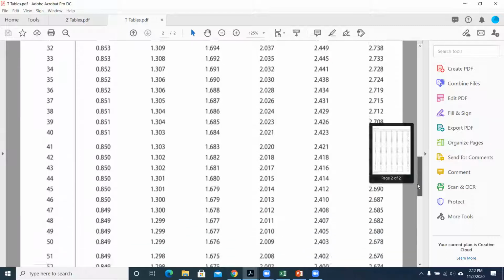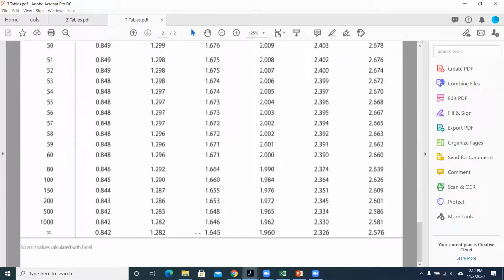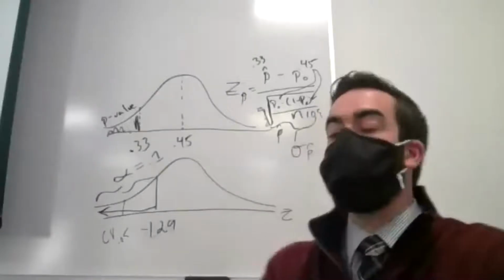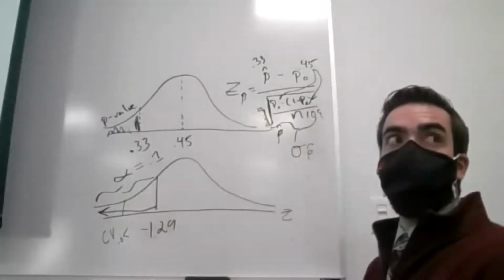we then go down to 1.282, 1.645, and 2.326. We can get them all very quickly. Now, the only issue with doing this is the student t-table is always set up for the right side of the distribution. So we're dealing with a left-tailed test, so we want the left side of the distribution.